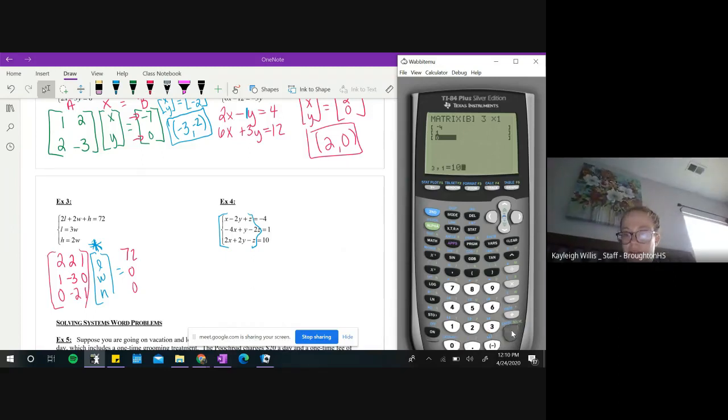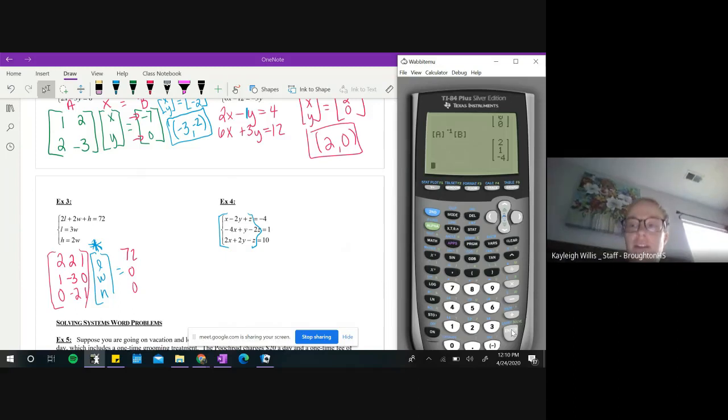Enter. And then we do second quit. Now that I've done this, I can't just hit enter. I can scroll up, but I feel like that's doing too much. And then second, matrix, B. So it is always A inverse with this because our variable matrix is behind the A. And then there's my answer, 2, 1, 4.